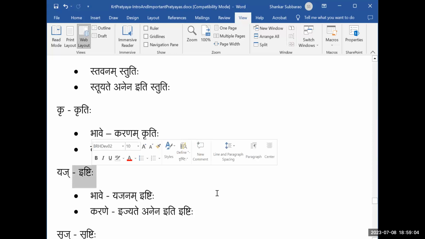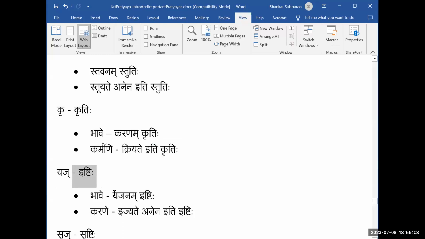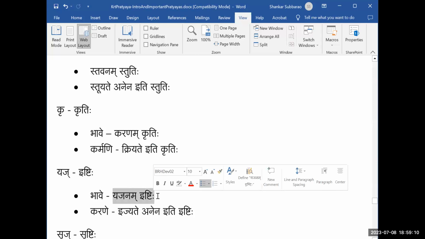Ishti. Ishti means what now? Yajanam ishtihi. What does yajanam mean? Yajna comes from the same root. What does yajanam mean? Worshipping. Right? Yes, Deepti?